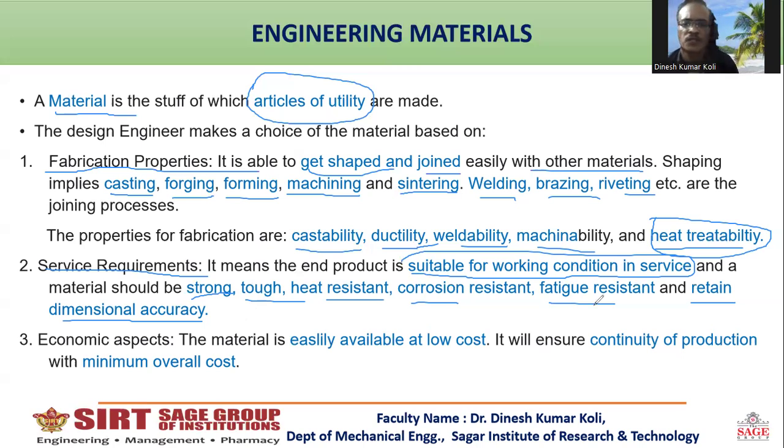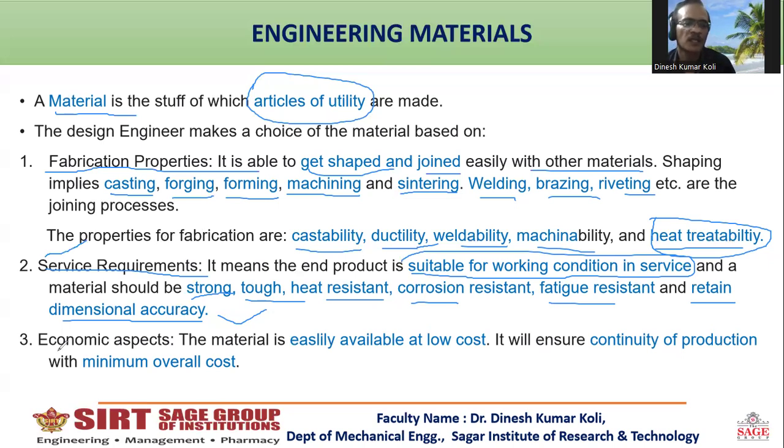Then it should also be fatigue resistant, and under cyclic loading it should not fail. Retain dimensional accuracy: the material should have such a property that its dimensions do not change when it works for different purposes. So these are the service requirements for any material. This is the second parameter.